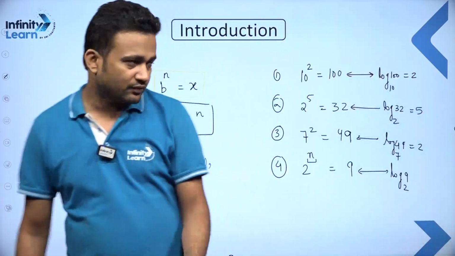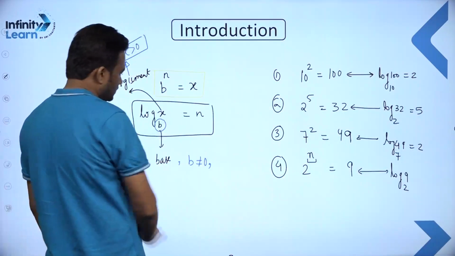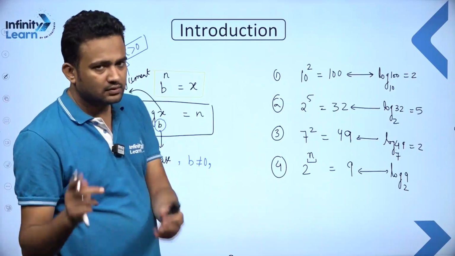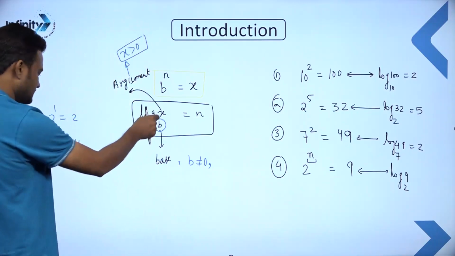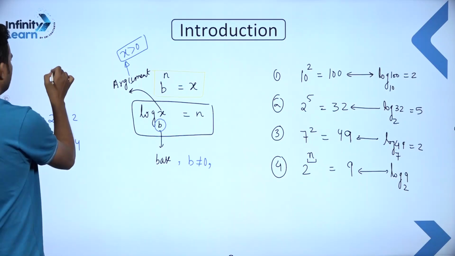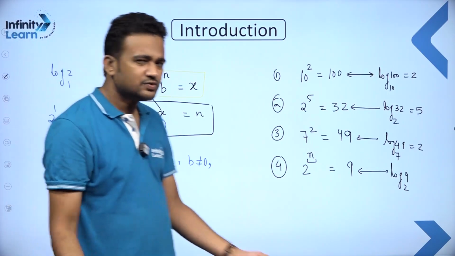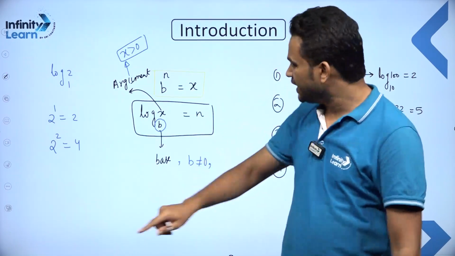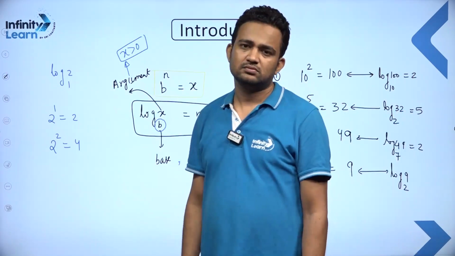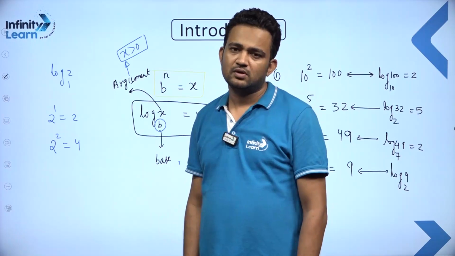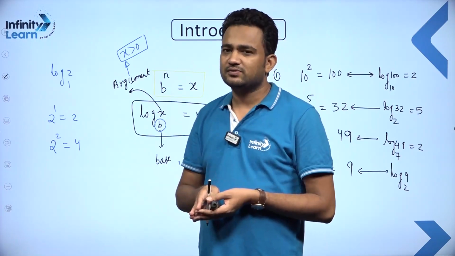But in the case of log, if I take b as 1, what is the value of log 2 base 1? What should be the right answer? How many times should we multiply 1 to get 2? Is it possible? 1 power anything is always 1.